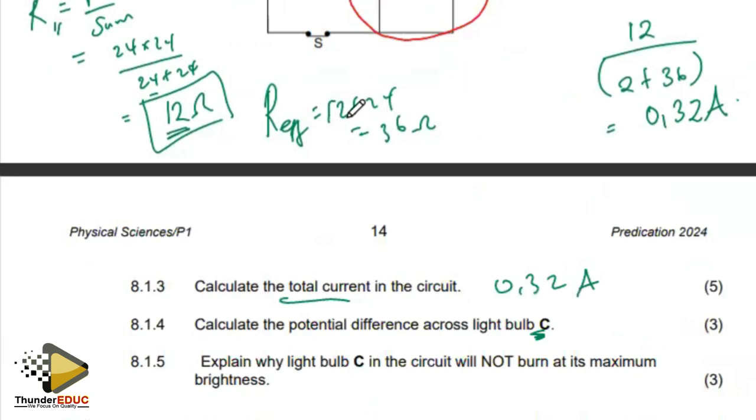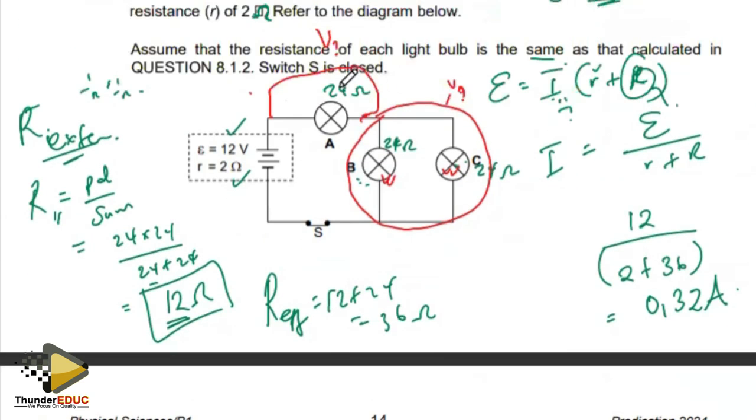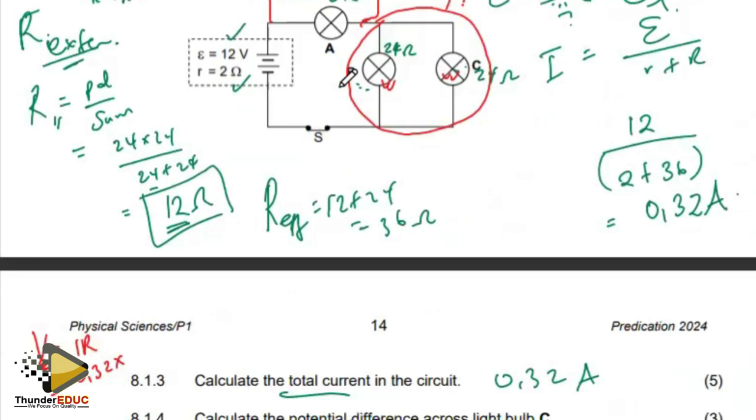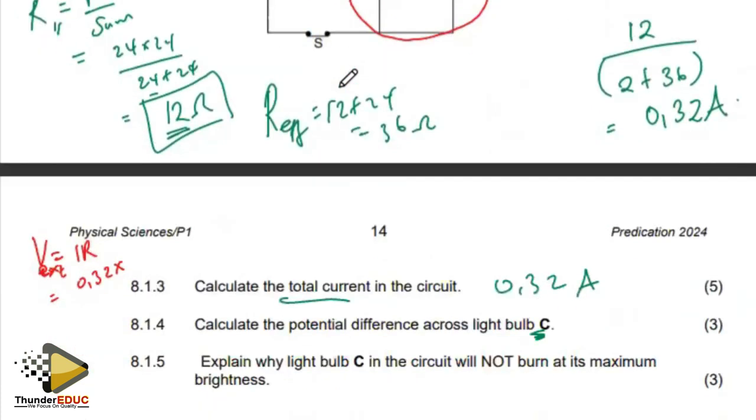Okay, so we know that the voltage, I'll say V is equal to IR. Let me just get the external voltage. That's going to be the current, which is 0.32 multiplied by the resistance here. Total resistance was what? 36. Is it going to be 36?